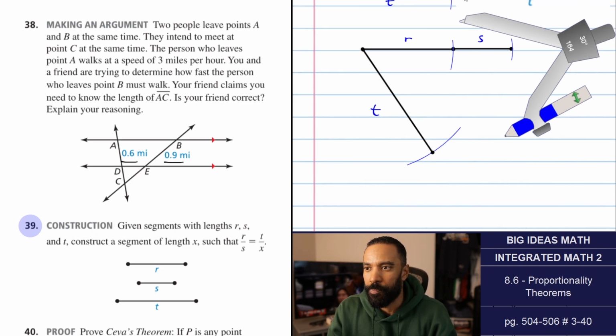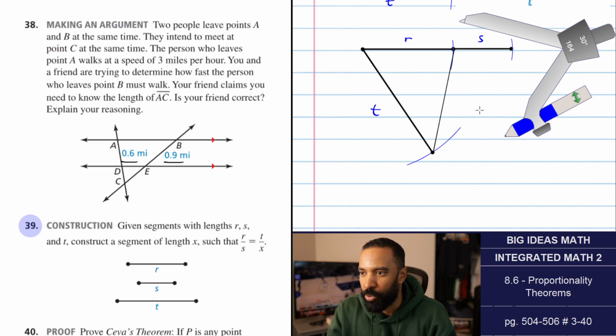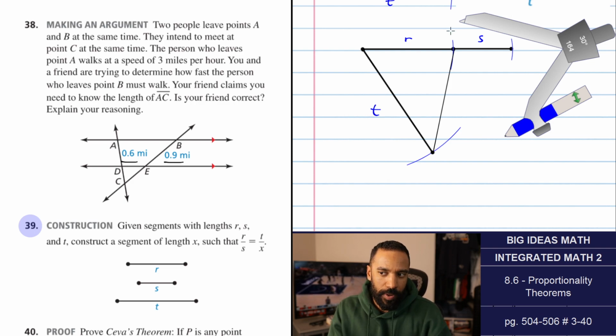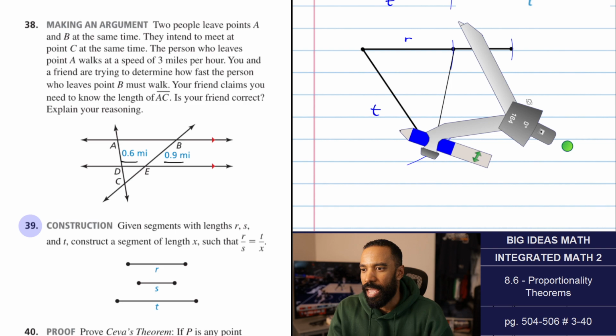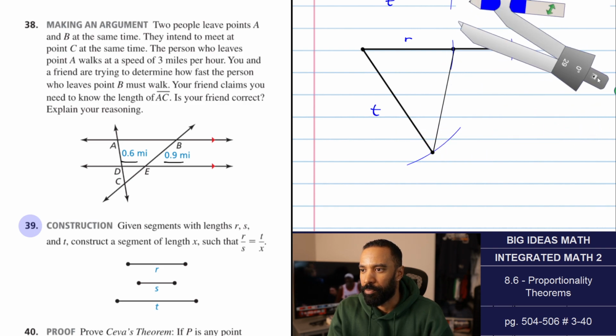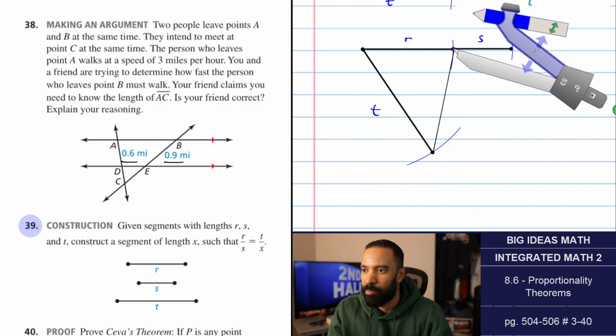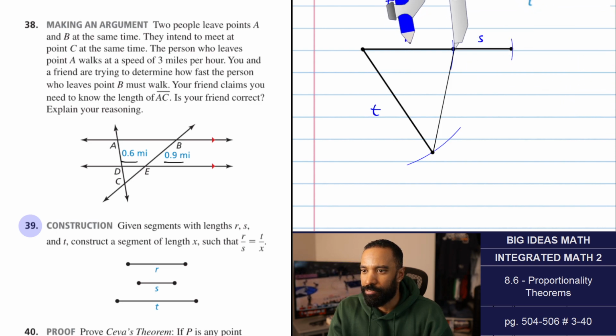But here's what I need to do. I need to make parallel lines here, and I need to copy this same line and put it over here. And wherever this parallel line intersects with this line will be X's length. I was wondering if I could do it with the angle bisector one. I still don't know, but I can at least do it with this one as a for sure. And that's what I'll do. So I need to copy this angle by doing stuff.